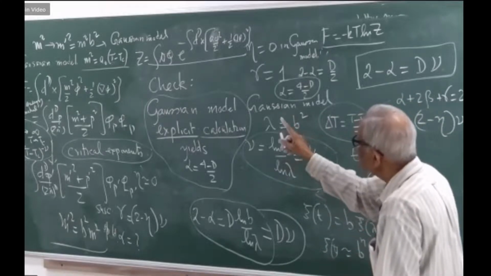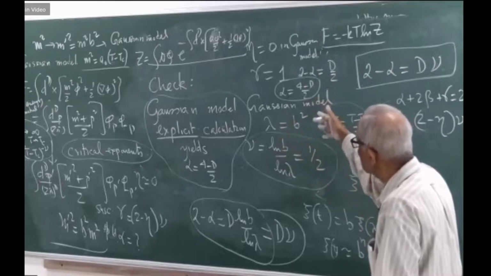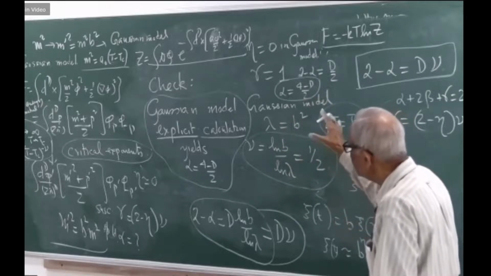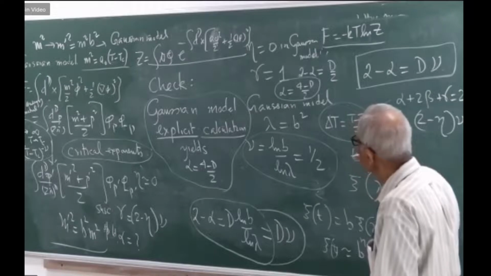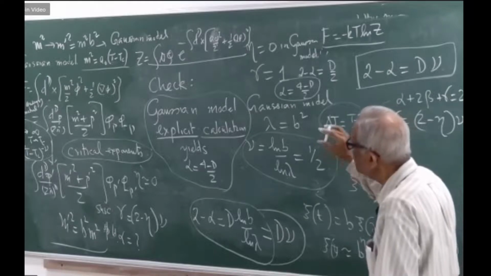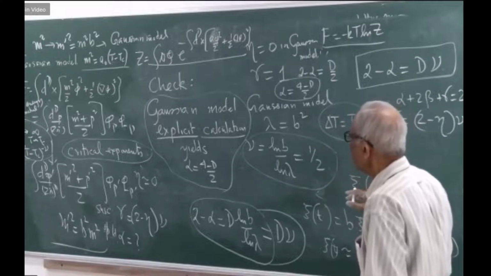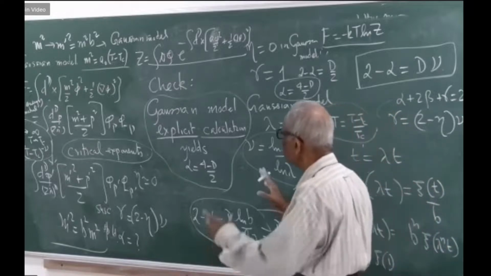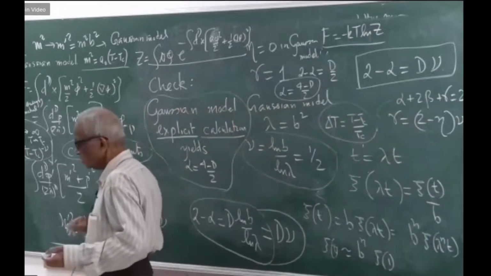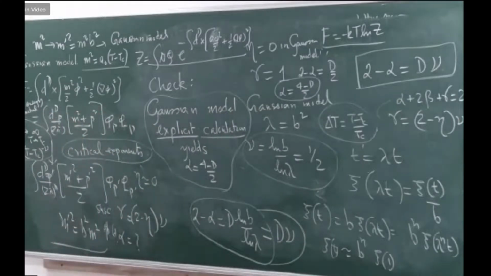And we could carry out this calculation without taking recourse to any actual integration process. That is a functional integral process. I have done no functional integration in order to solve the Gaussian model.